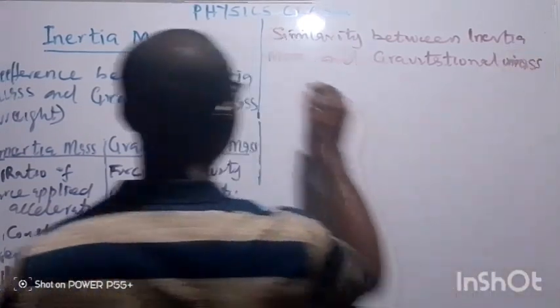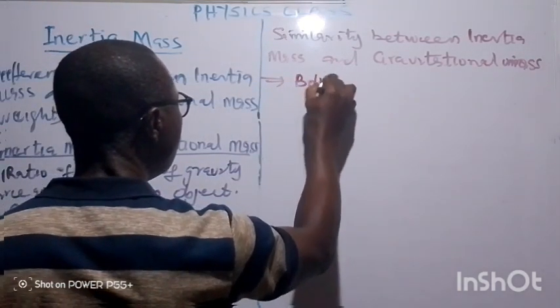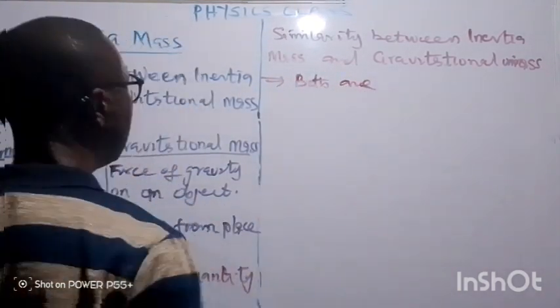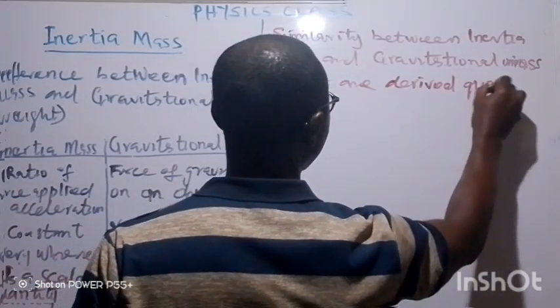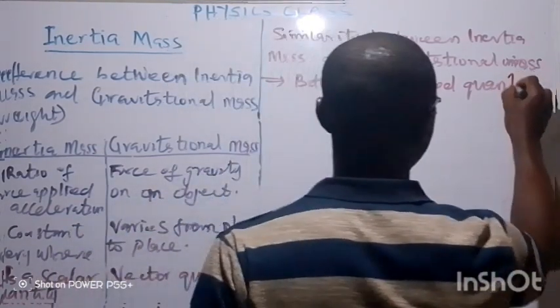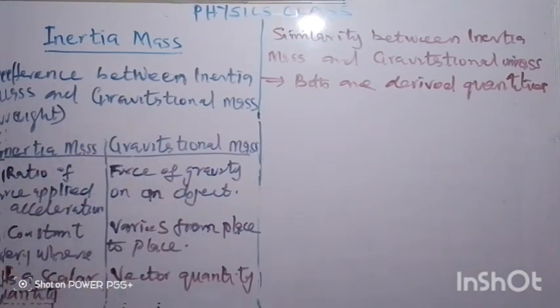The similarity between them is that both are derived quantities. Gravitational mass or weight is a derived quantity. Inertial mass is a derived quantity, once we say inertial mass is force over acceleration. That's the similarity between them.